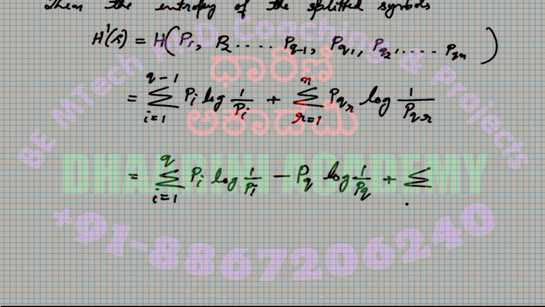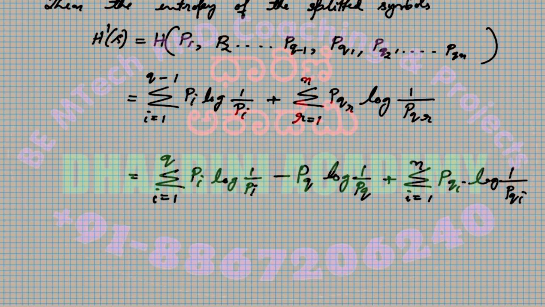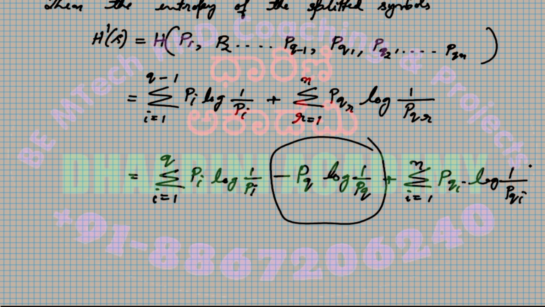So summation i is equal to 1 to n, PQI log of 1 by PQI, right? Fine. Now, what is PQ? This term has to match, correct?